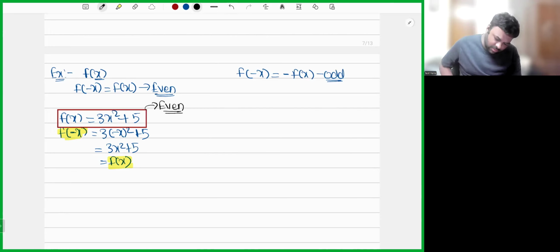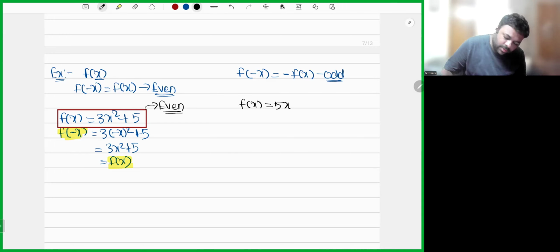Now, what is an odd function, my dear friends? I'm telling f of x is equal to 5x cubed. Now, instead of x, I'm substituting minus x. 5 into minus x whole cube, that is minus 5x cubed, that is minus f of x.